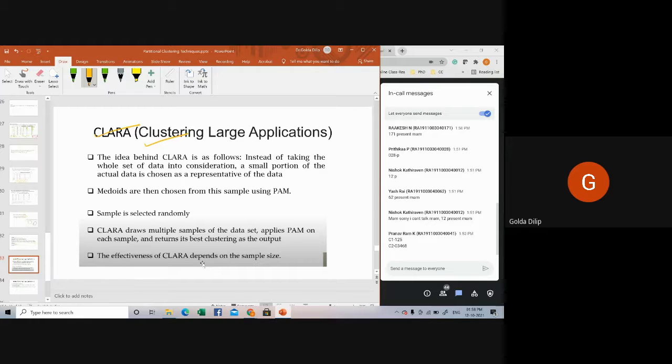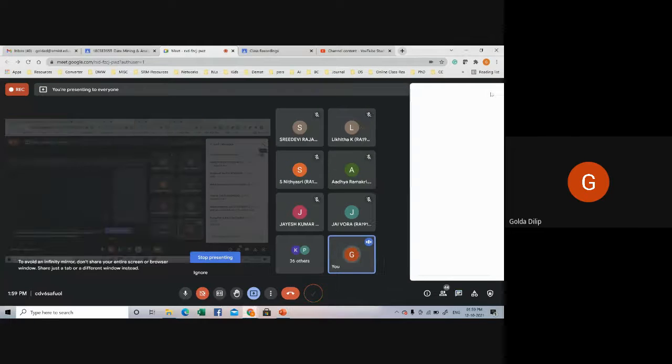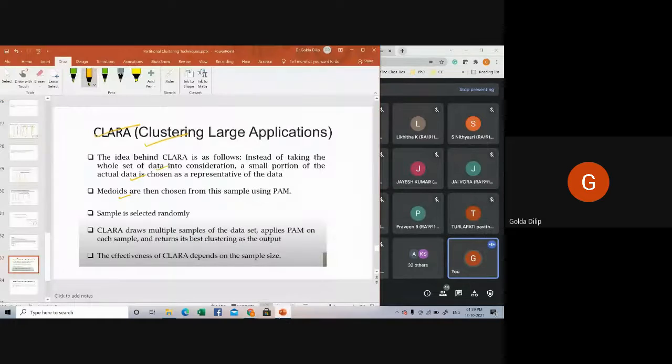So the whole idea is that instead of taking the whole set of data into consideration, a small portion of the actual data is chosen as the representative of the data. Then medoids are chosen from this sample using PAM, which is partitioning around the medoids.